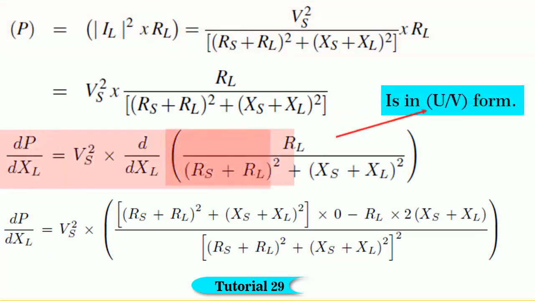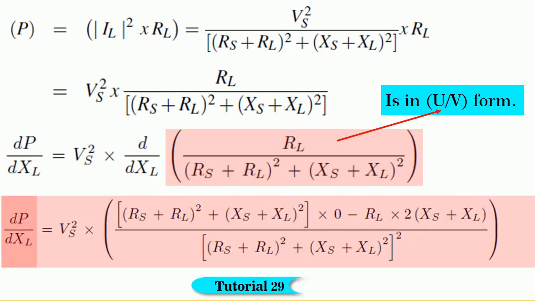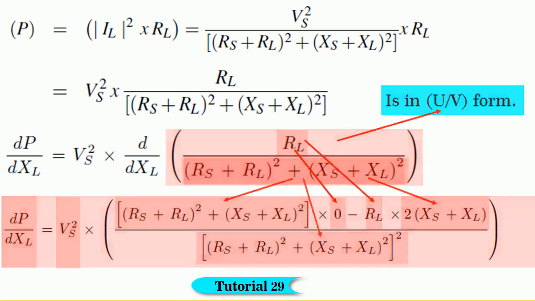So, now you see that dP by dXL is again in U by V form. So, dP by dXL is equal to Vs squared into denominator into d by dXL of numerator minus numerator into d by dXL of denominator, divided by denominator square.